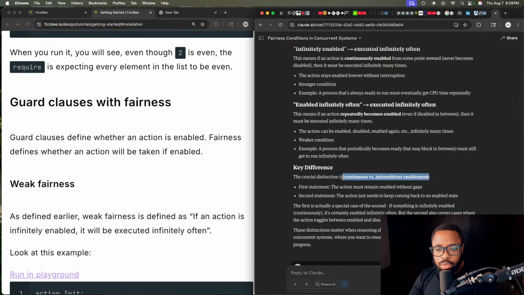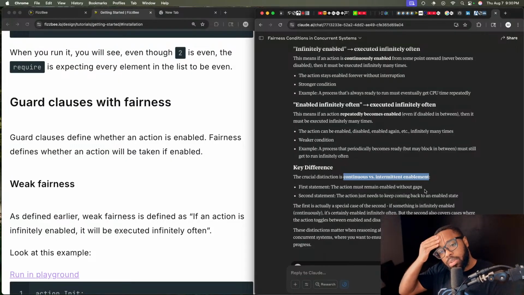Yeah, and the key difference is continuous versus intermittent enablement. First statement: the action must remain enabled without gaps. So that's the weak one.